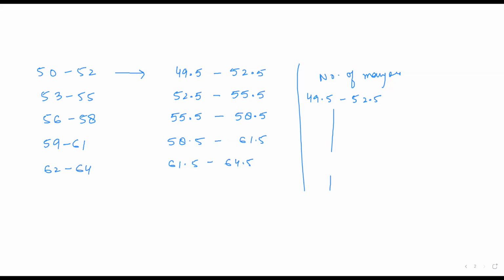In this book, in most cases it is written to use a suitable method. But in the exam, the method will be specified. Sometimes they specify to use assumed mean or step deviation. So you should clearly know what the assumed mean method is, what the step deviation method is, and how to find the mean. Here you can use any method you want.